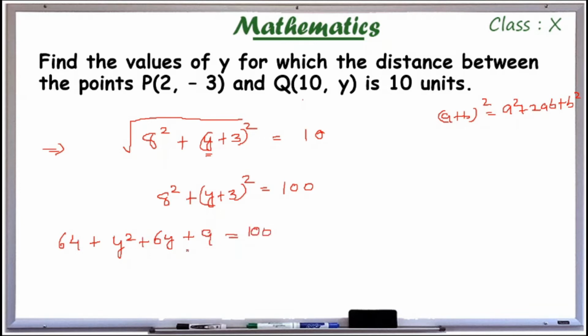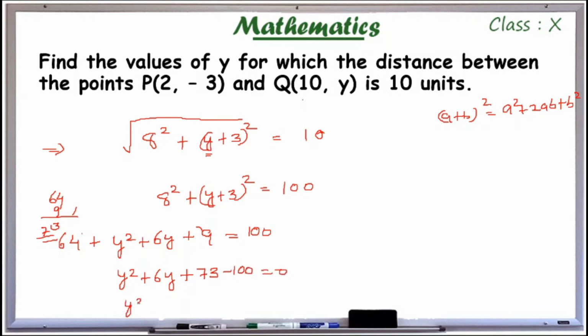Now arranging these terms: y square plus 6y plus 9 plus 64, we have to add this first, is 73, and 73 minus 100 is equal to 0.